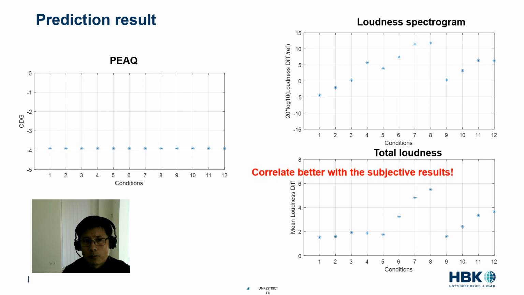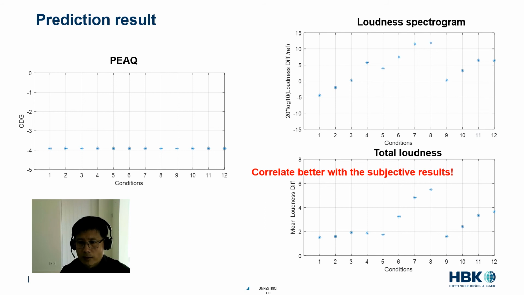Compared to that, loudness-based predictors seem to be able to distinguish the difference between the conditions. From condition 1 to 4, we are not supposed to have any BSR events. That was confirmed by the listening test. And then from 5 to 12, we would expect to have some BSR events depending on the level of excitation.